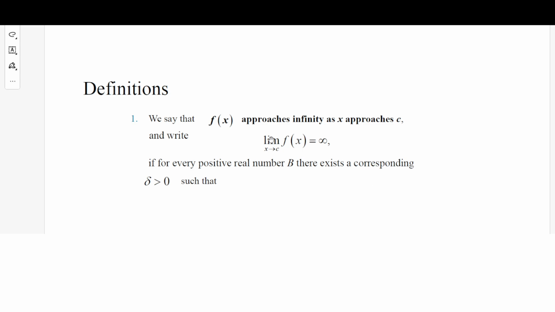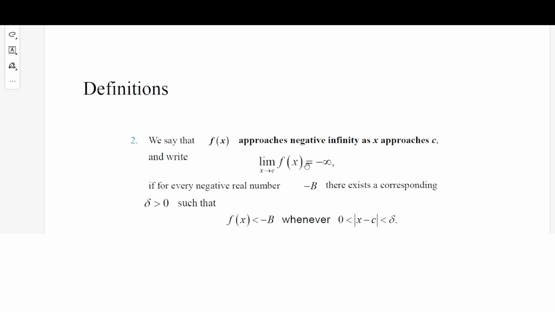Whenever you try to find the limit of the function when x approaches some finite value, if that goes to either positive infinity or negative infinity, that's called an infinite limit. It's not limit at infinity, but it's called infinite limit. So in this case, it's positive infinity, and maybe you have negative infinity.